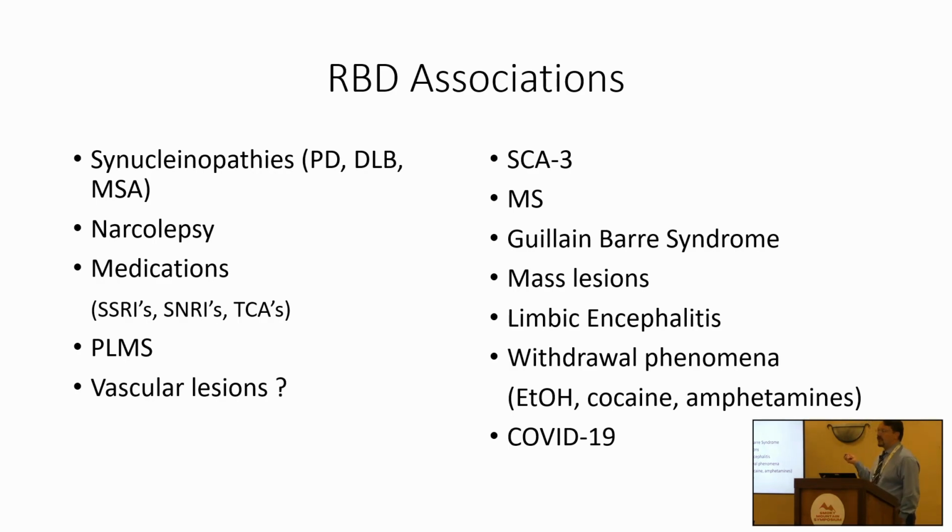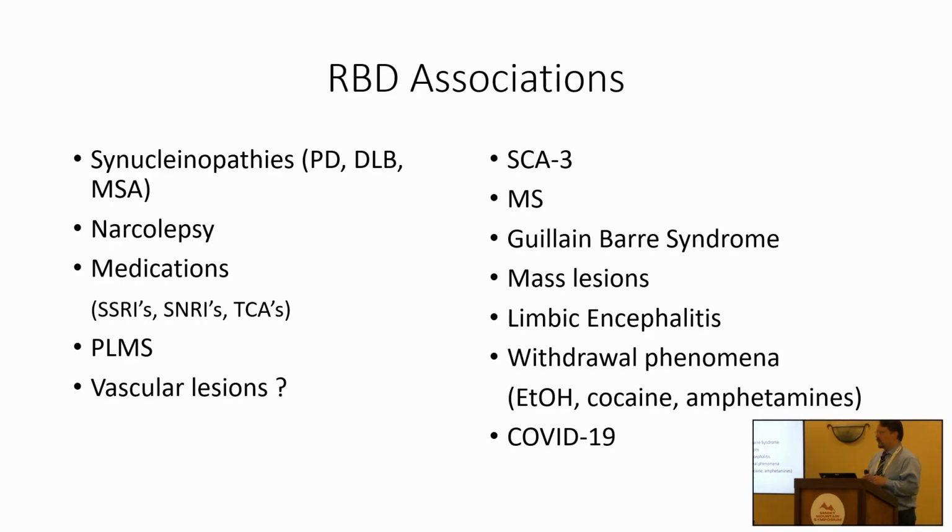The synucleinopathies are a category of neurological disease, and that includes Parkinson's disease, dementia with Lewy bodies, and multiple system atrophy. And the underlying process there is that when you have that alpha-synuclein protein deposition, it can substantially increase the risk for these conditions.